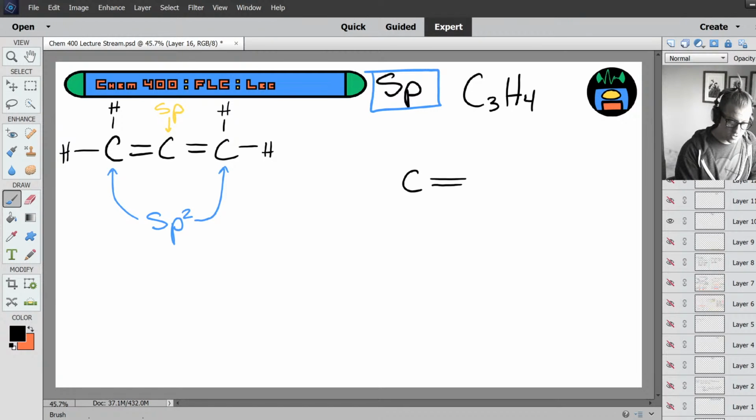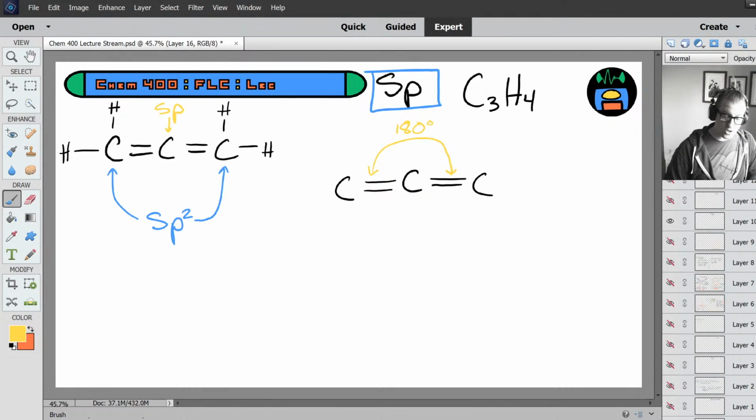So that means it needs to have a bond angle of 180 degrees, right? So we draw it as a straight line. If you look at our terminal carbons, they're sp2 hybridized, trigonal planar geometry. That means they need to have bond angles of 120 degrees. Right? Everything's in the same plane.